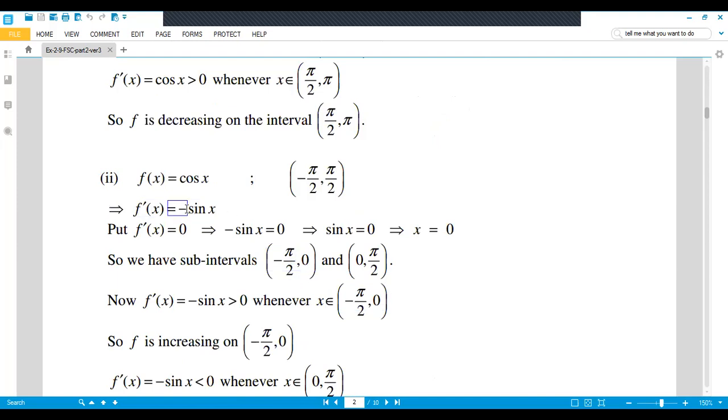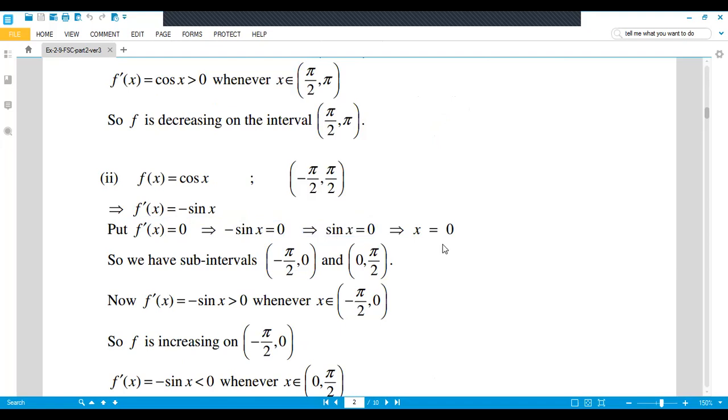From this you will get the subintervals. Similarly, in the second, if you take the derivative of the function cos x, you will get minus sin x. Now you put the first derivative equal to 0. So minus sin x equal to 0. The minus sign cancels, because when you shift it to the other side, you multiply by 0 and get the same 0. So sin x equal to 0. Now shift sine inverse to the right-hand side.